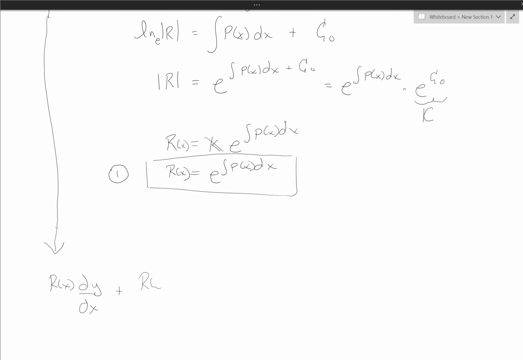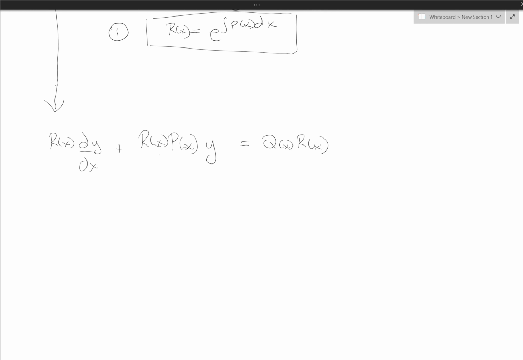Plus r(x) p(x) times y equals q(x) r(x), right? And we said that when we choose r in this way, we can change this differential equation to r(x) dy/dx plus, now this is dr/dx times y equals q(x) r(x).